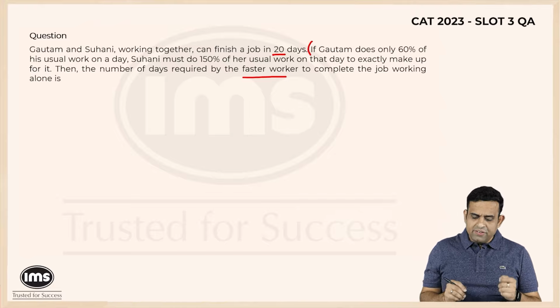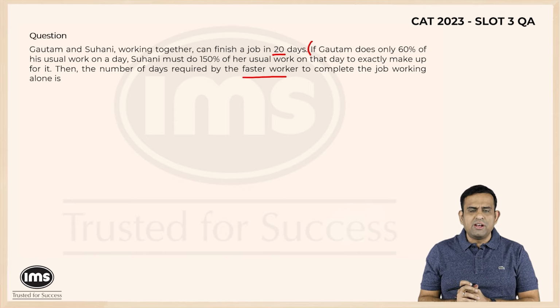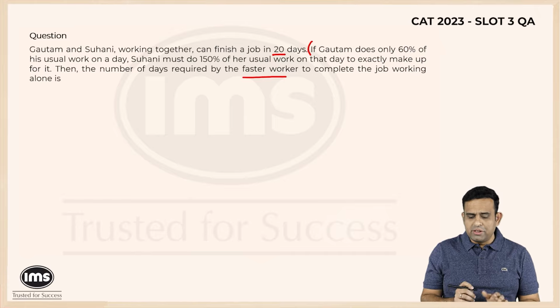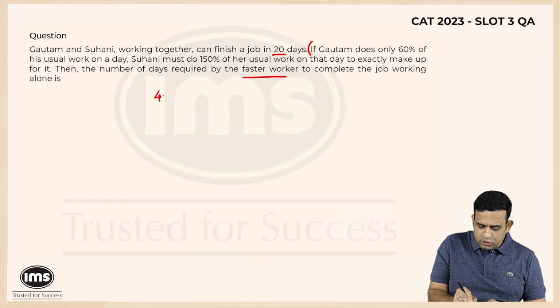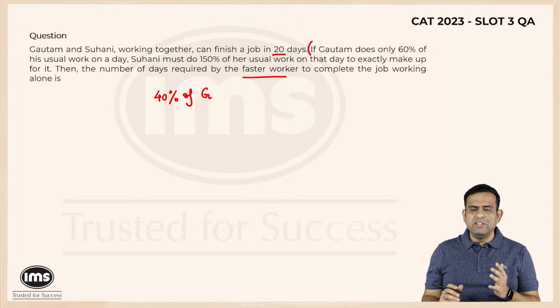Second sentence. If Gautam does only 60% of his usual work, in that particular case, the efficiency lost or reduced by Gautam happens to be nothing but 40%. So lost is 40% of Gautam. And this is compensated by Suhani doing 150% of her usual work on that particular day. That simply means that Suhani basically is increasing her efficiency by 50%.